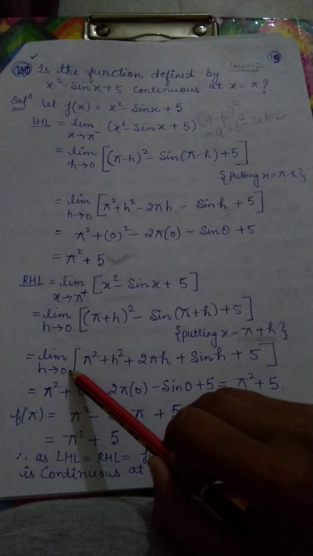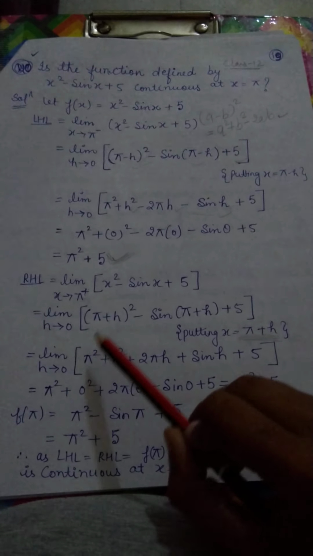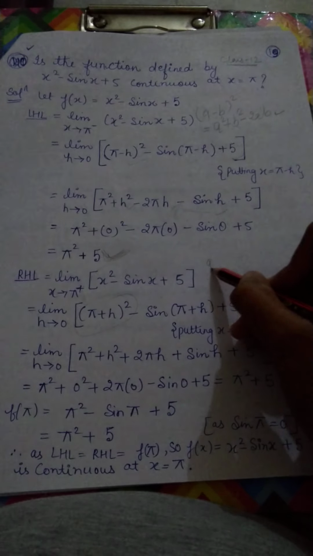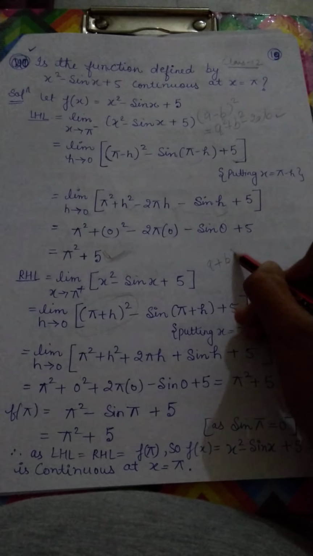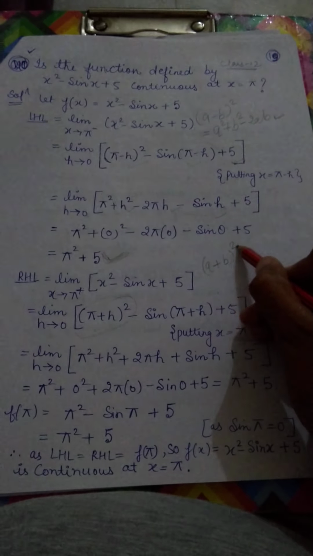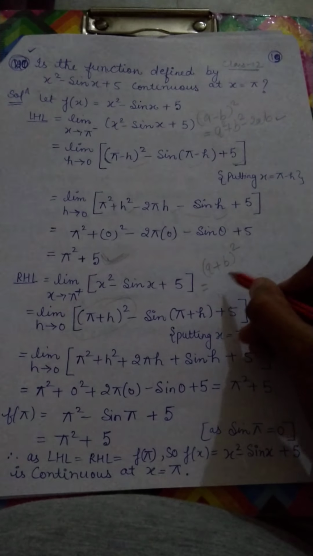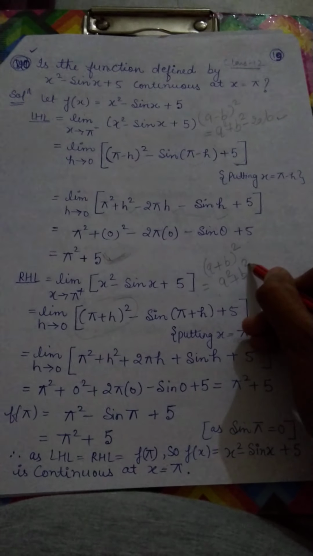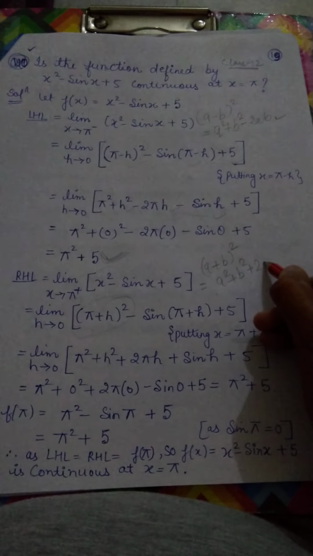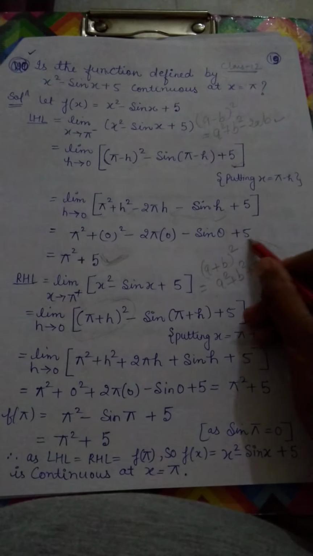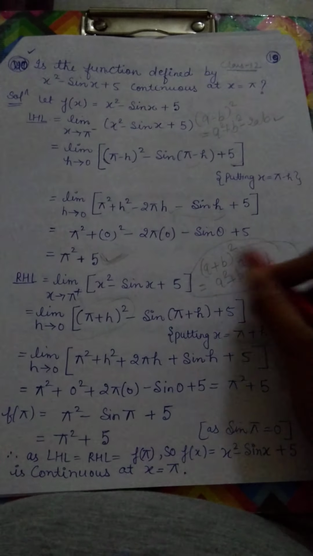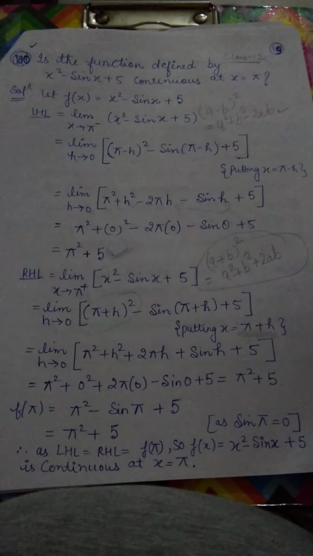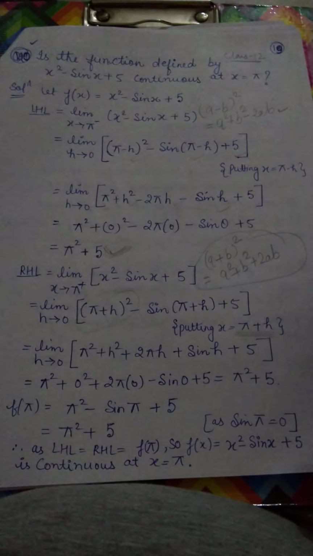Limit h tends to 0, I will open it again. Using which identity? Using this identity बच्चे: a plus b whole square is equal to a square plus b square plus 2ab. Using this identity, I will open it and find the answer.